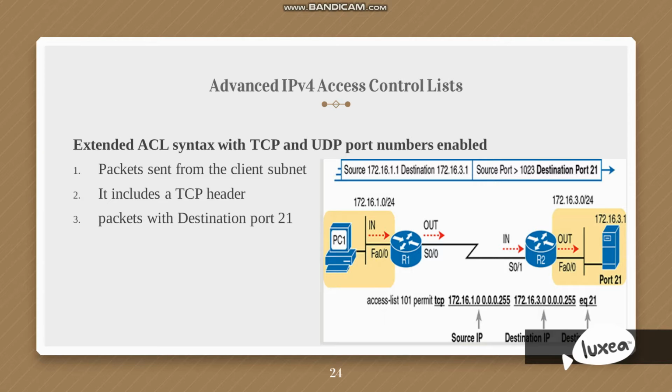And as I said, users are using well-known port 21. The TCP header has a destination port value of 21. The important part is that the position of the parameters is also important, because the position identifies the fact that the eq 21 parameter should be compared to the packet's destination port.